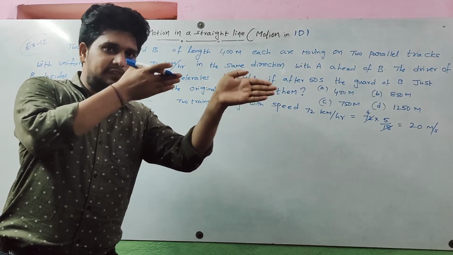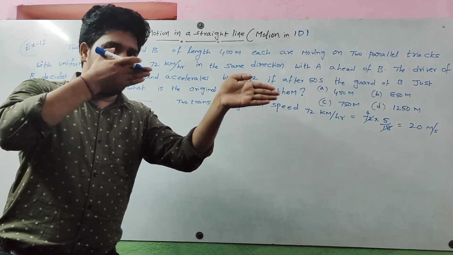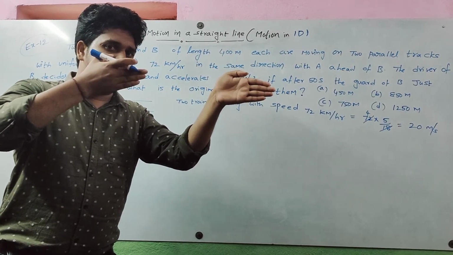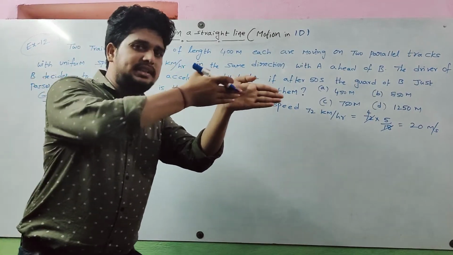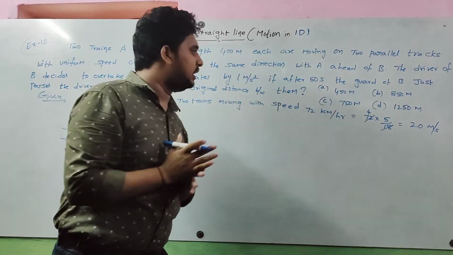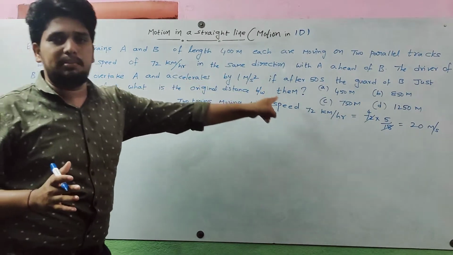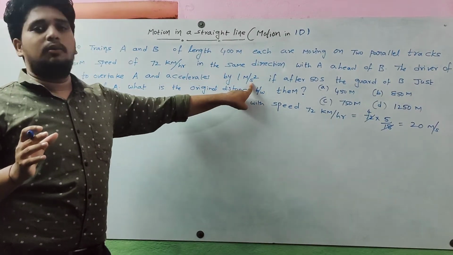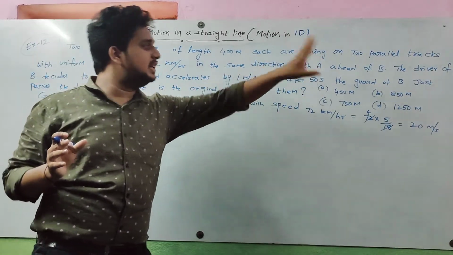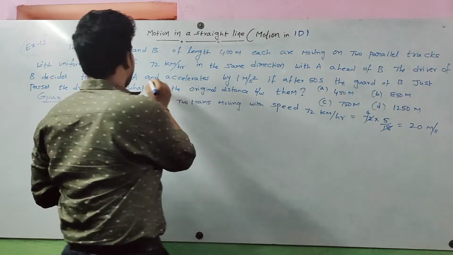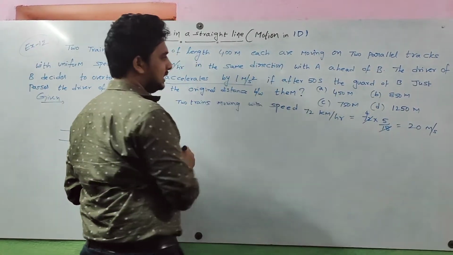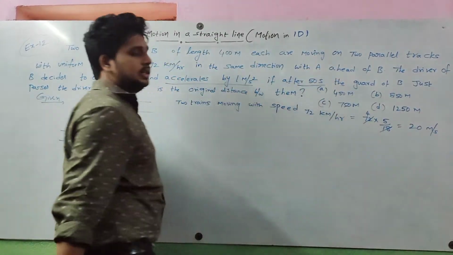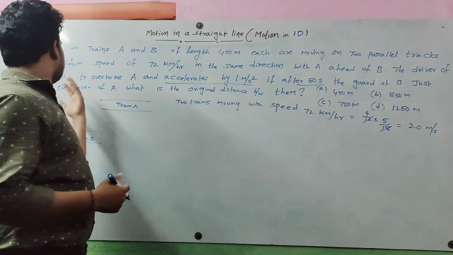The driver of the B train decides to overtake this A train and accelerates by 1 meter per second square. So here the B train accelerates at 1 meter per second square. After 50 seconds, the guard of B just overtakes A.